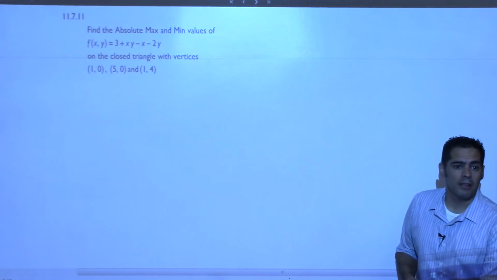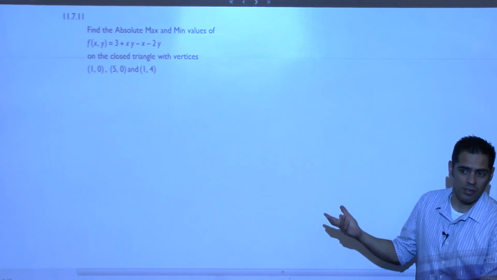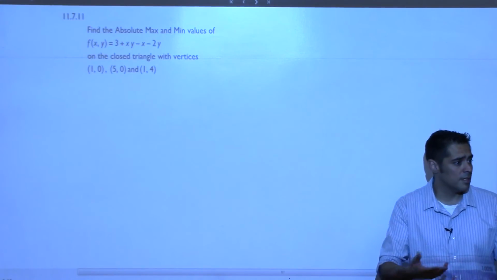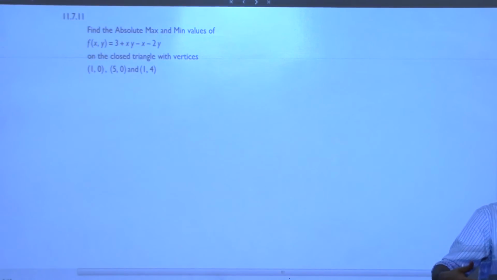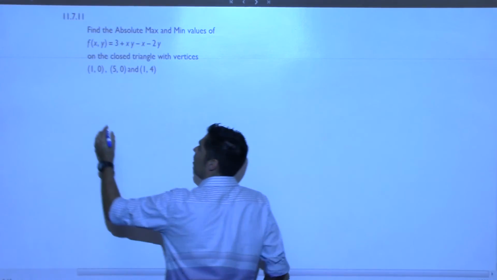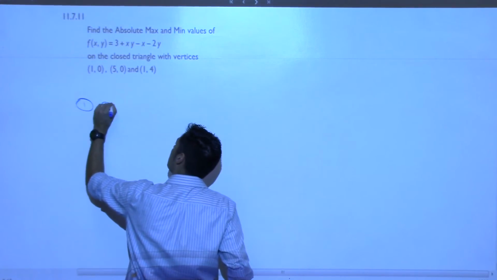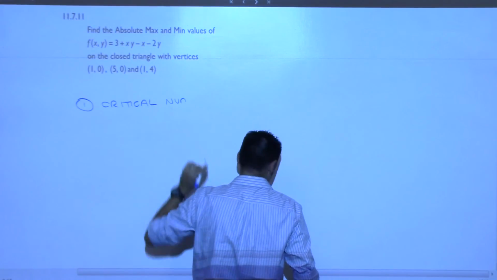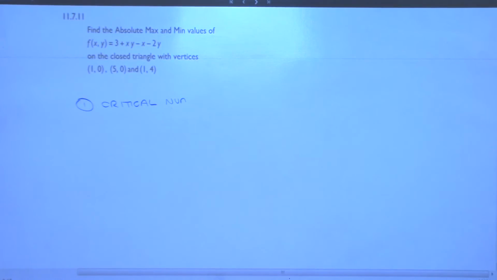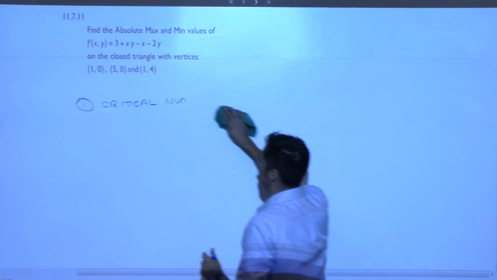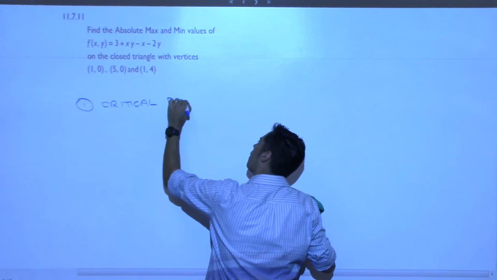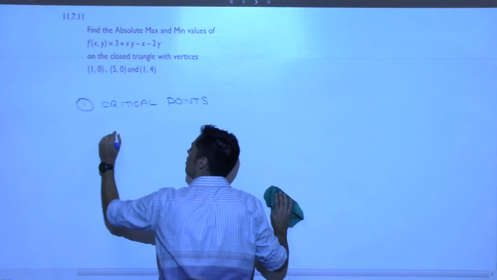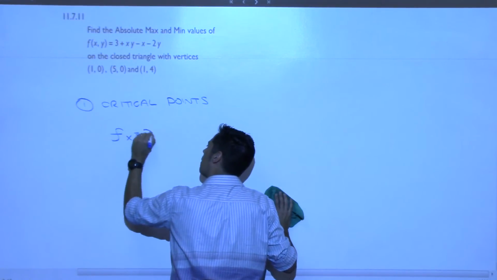Well, let's look at the critical numbers, the things that make the partials 0. Why are those important to us? The numbers that make the partials 0 is where we would have any local maximums and minimums, right? So I'm going to find, first of all, the critical points. Let's call them critical points, not numbers. And so I'm going to set the partials equal to 0.